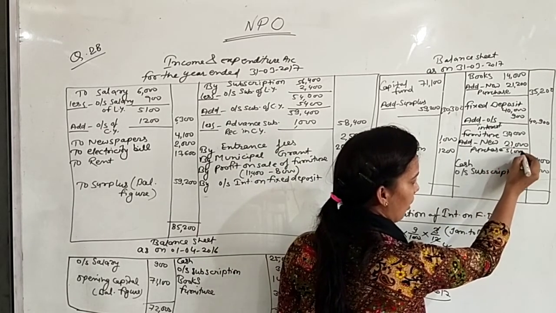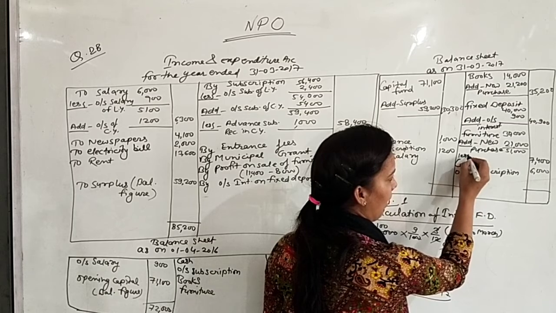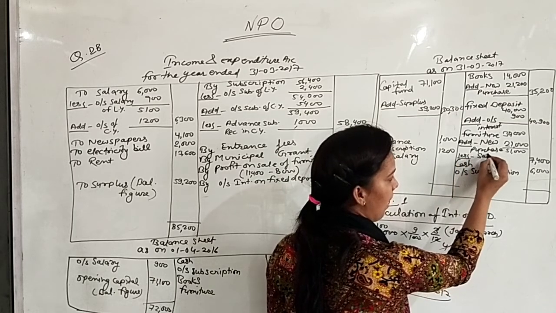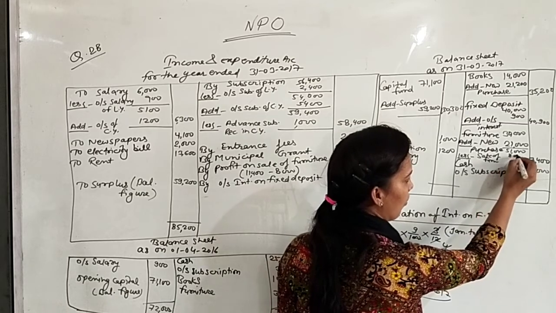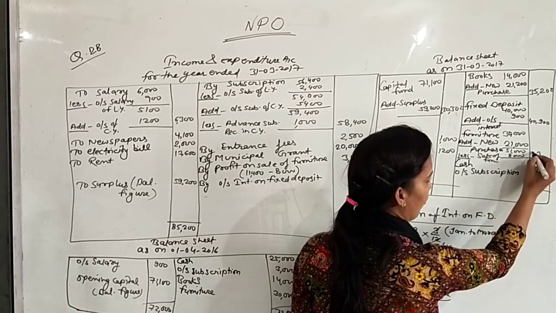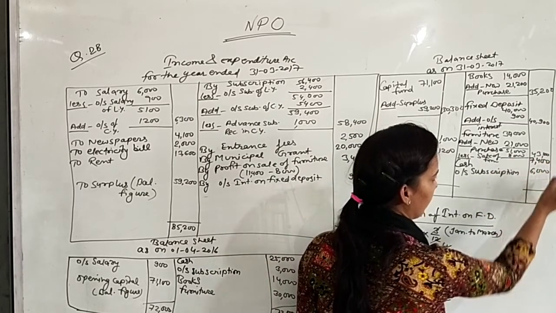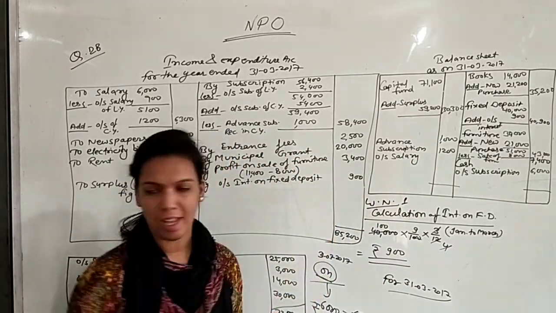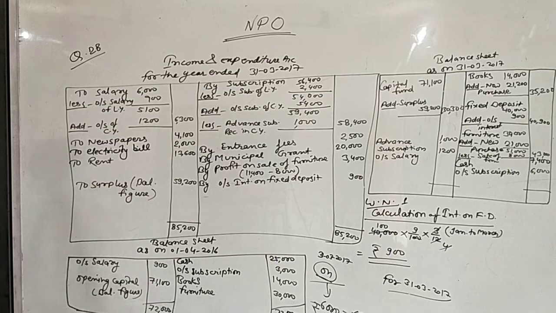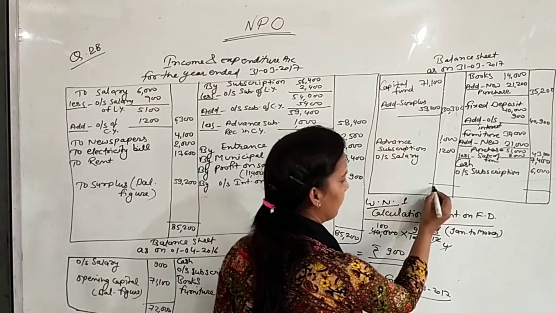Furniture is 51,000 less sale of furniture 8,000, so here 43,000. This is the net furniture value, 43,000. Now the total of both sides of the balance sheet will be 1,32,500.